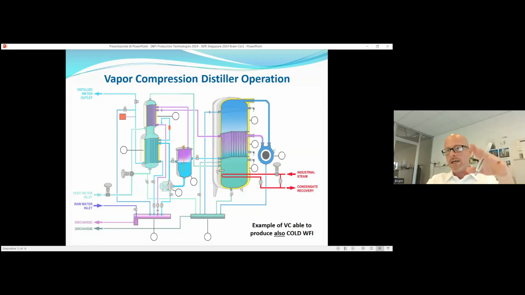Here we have the scope of the blower or the compressor, depending on the technology of the manufacturer. In our case, it's a blower. It starts to rotate, aspirating the dry pure steam and compressing it. This is the reason why the technology is called thermocompression or vapor compression.